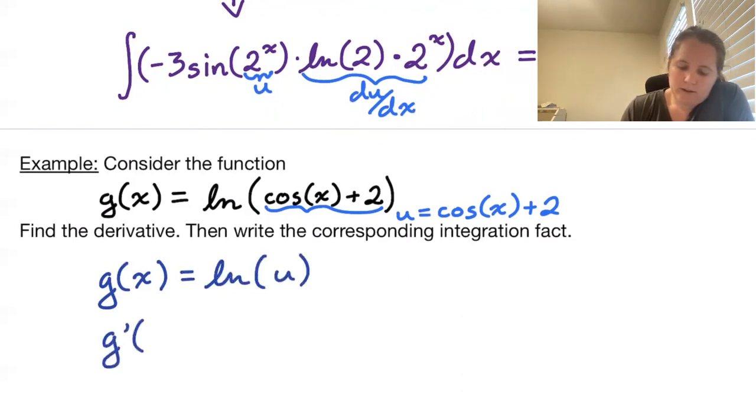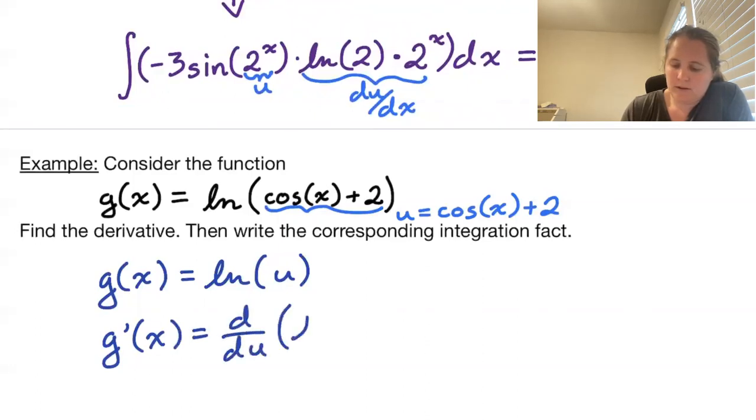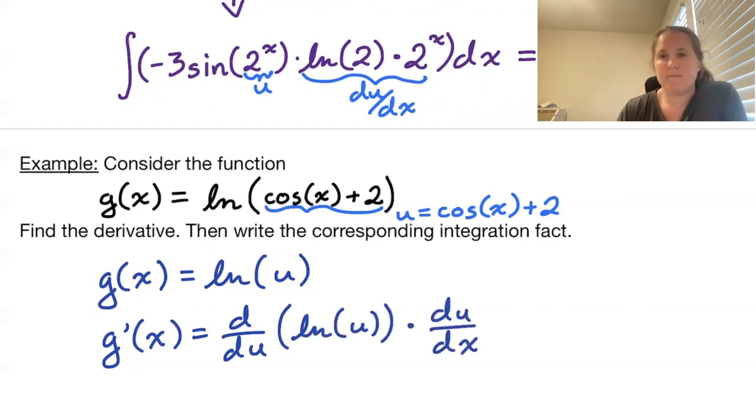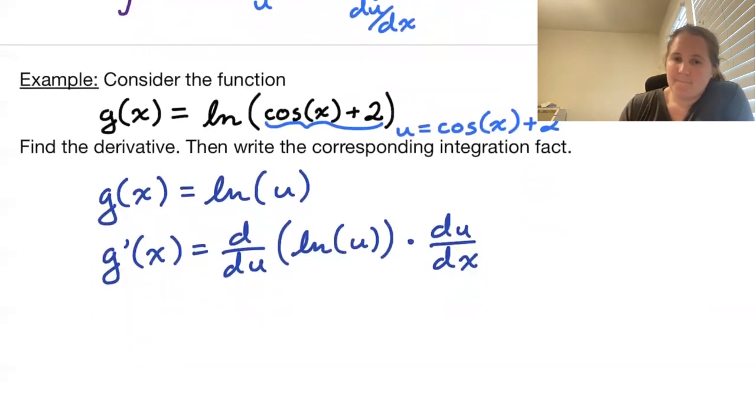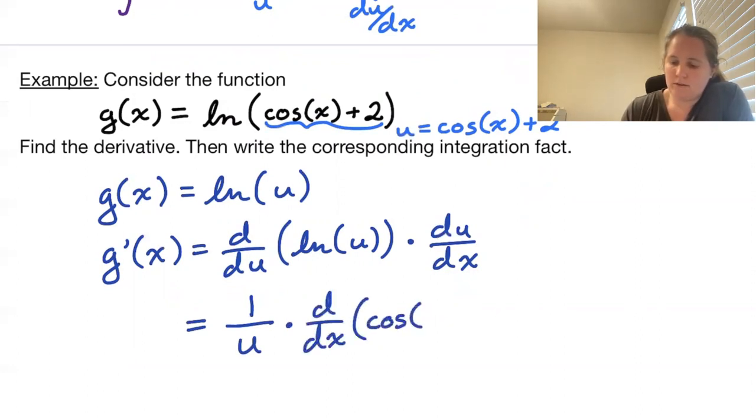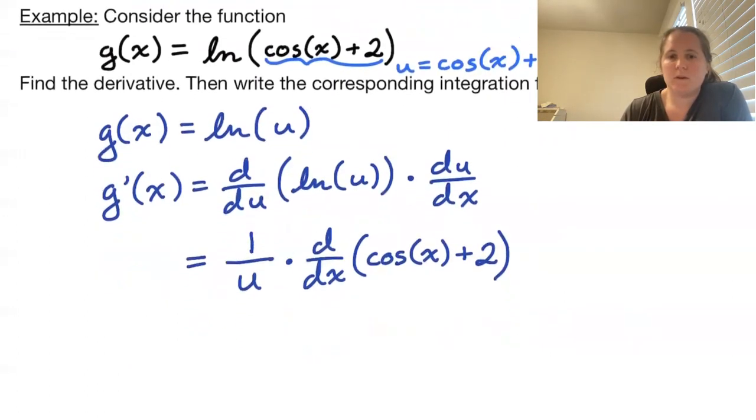G prime of x is therefore equal to the derivative with respect to u of the natural log of u times du dx. From there, the derivative with respect to u of natural log of u is just 1 over u. And then we are multiplying by the derivative of cosine of x plus 2.